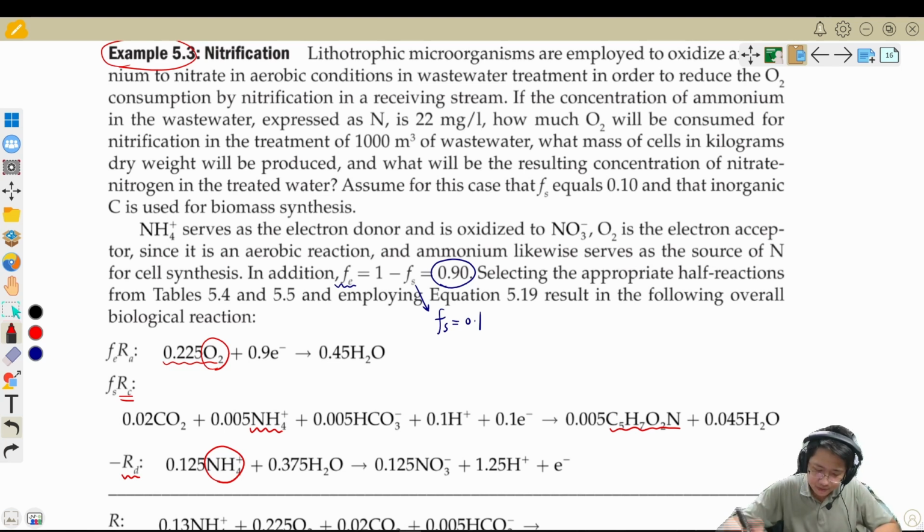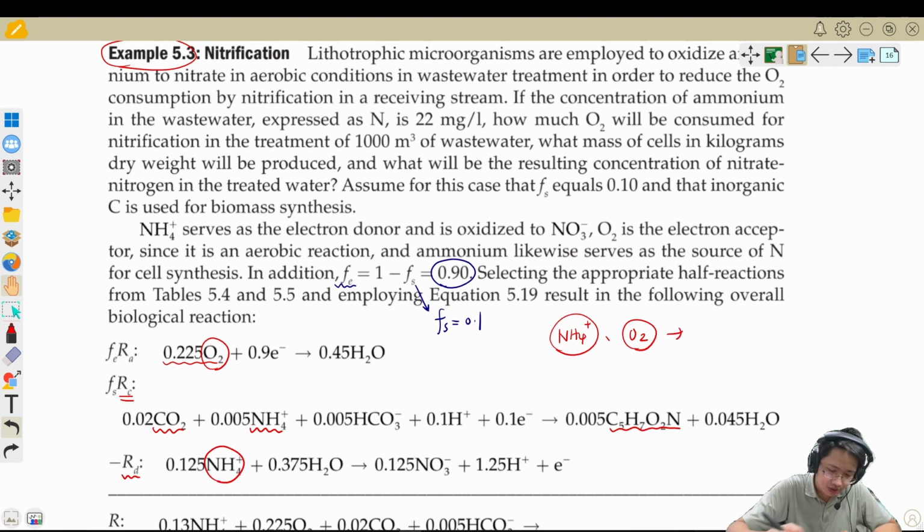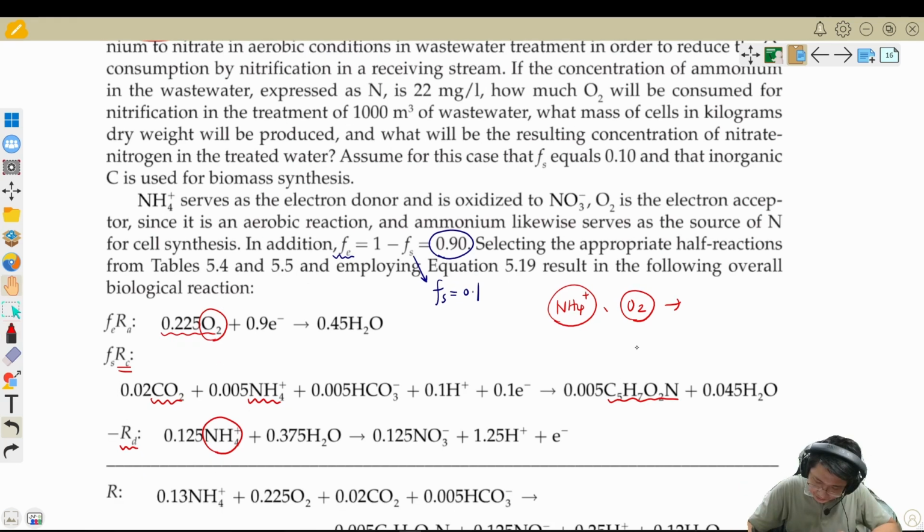So nitrification uses ammonia as the electron donor and oxygen as the electron acceptor to get energy. Sometimes you will have to use CO2 as your carbon source.